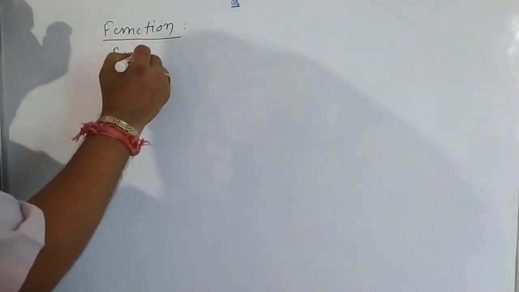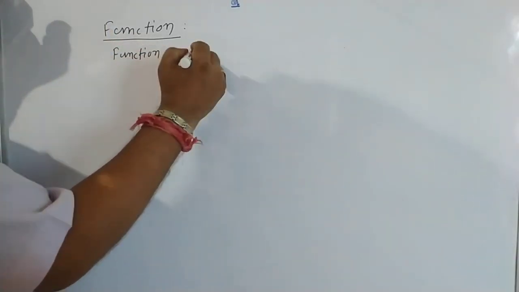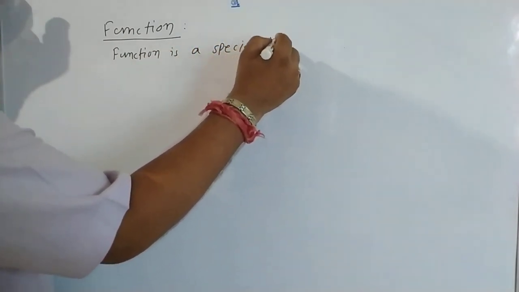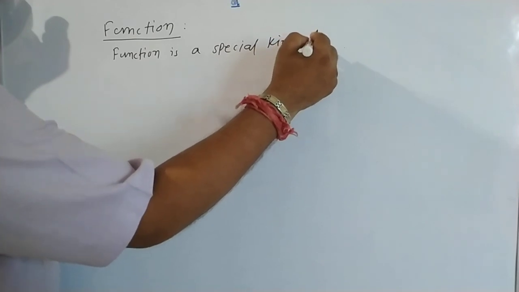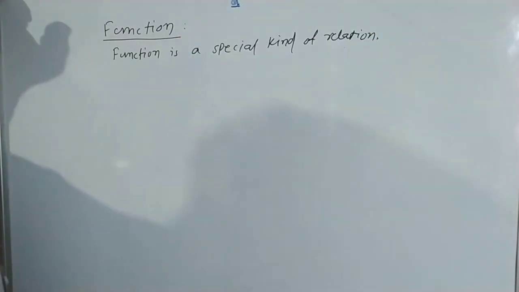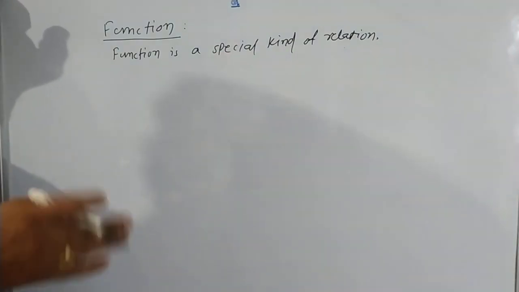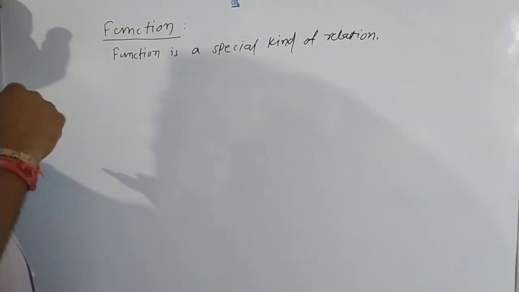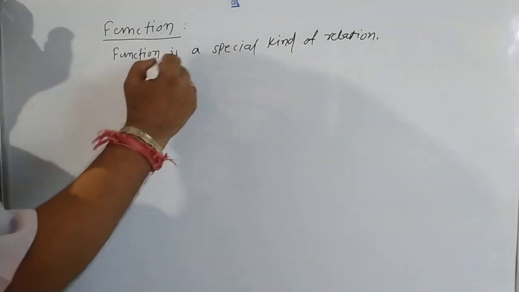Function is a special kind of relation. So it's nothing but a relation, but all the relations are not functions, while all the functions are relations. It's a special kind of relation. So in what way is it different?